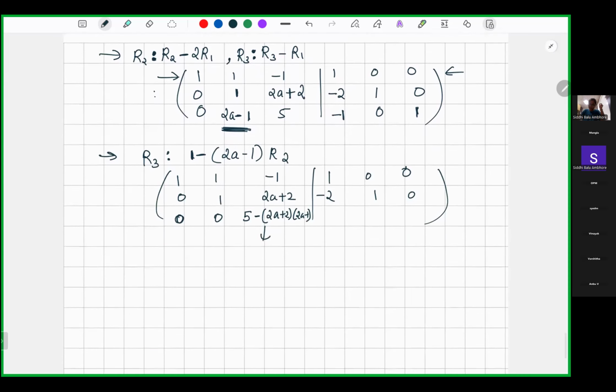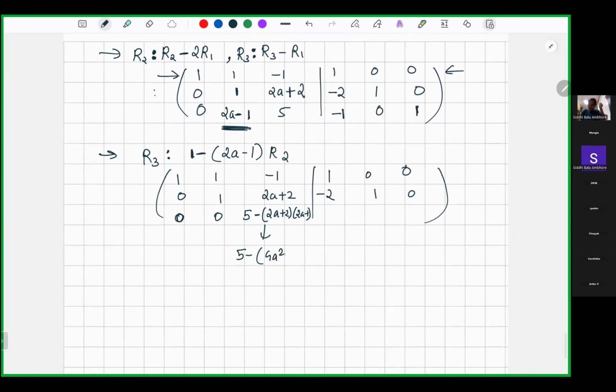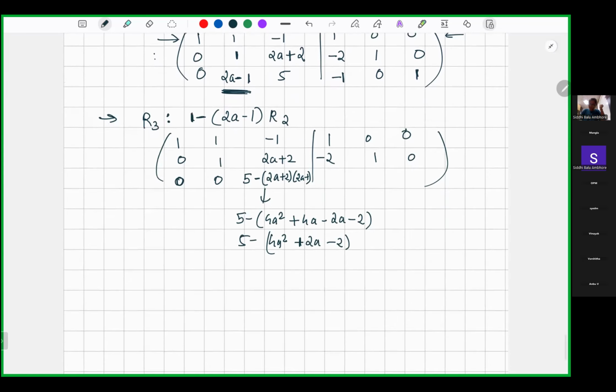So this becomes 5 minus 4a square plus 4a minus 2a minus 2. So this is 5 minus 4a square minus 2a minus 2, plus 2a minus 2.